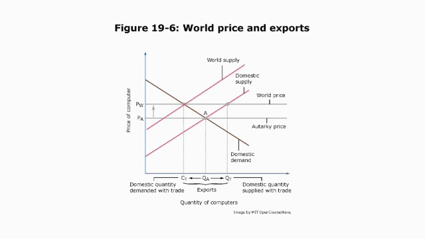So I'm going to produce Q sub T, I'm going to ship Q sub T minus C sub T elsewhere, and US consumers will consume C sub T. So consumers are worse off. Unlike imports, which make consumers better off, consumers are worse off.